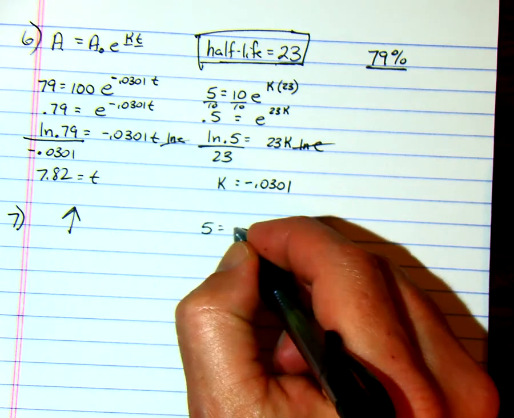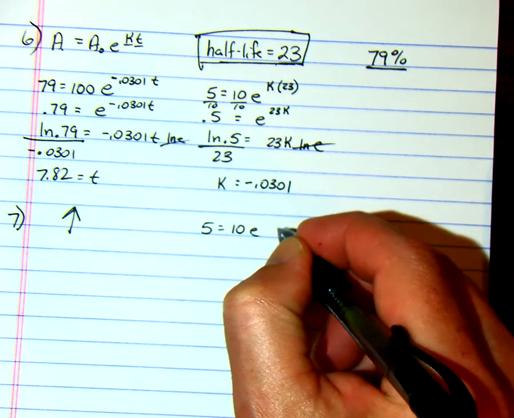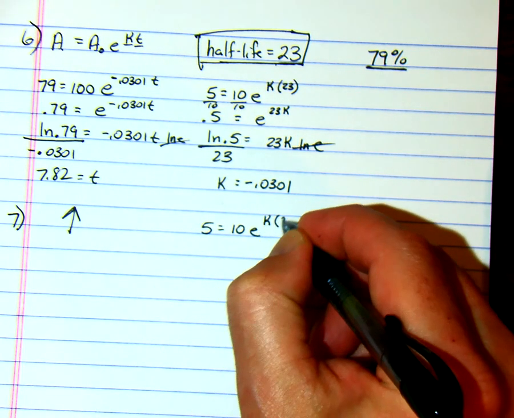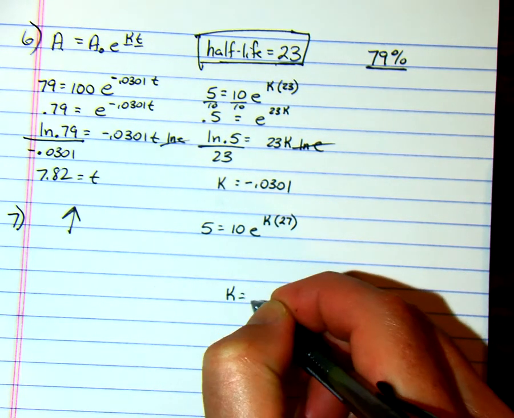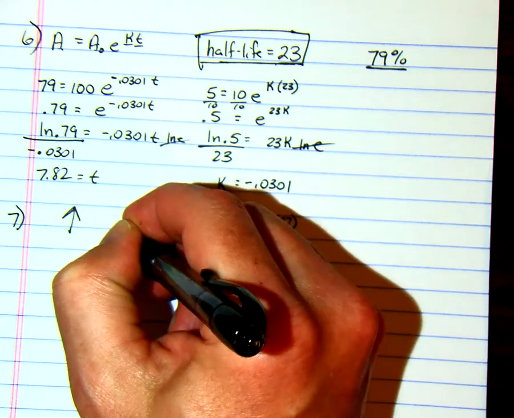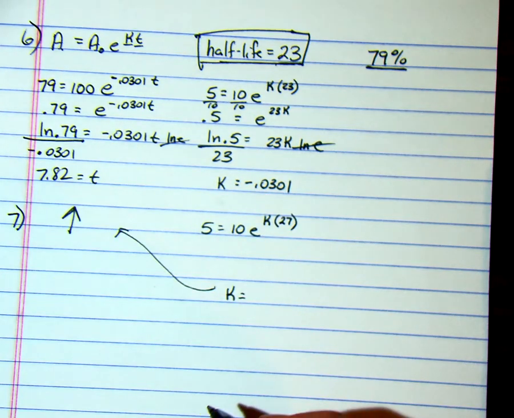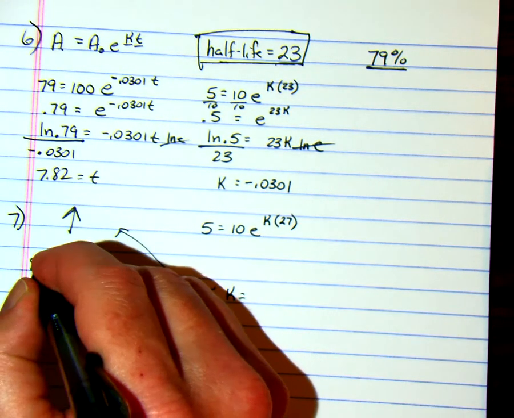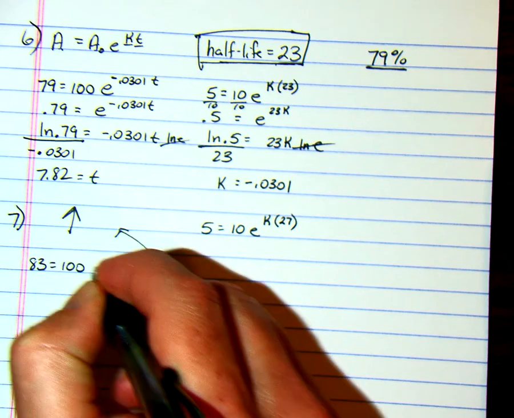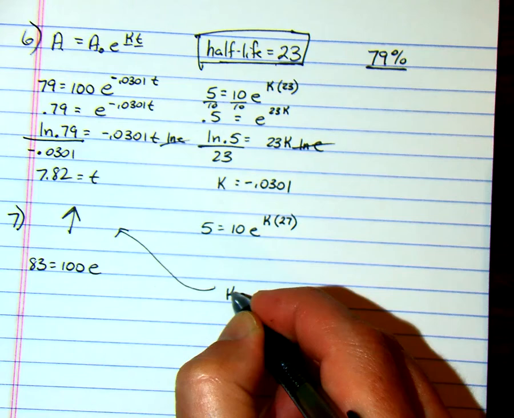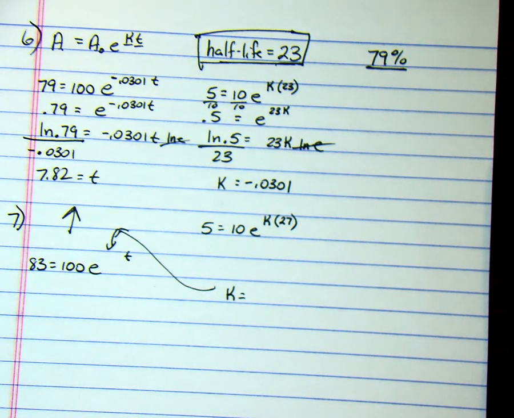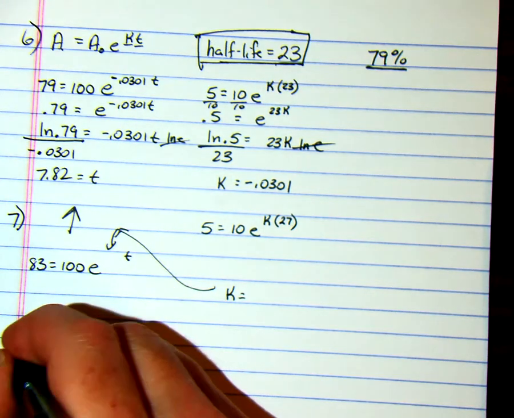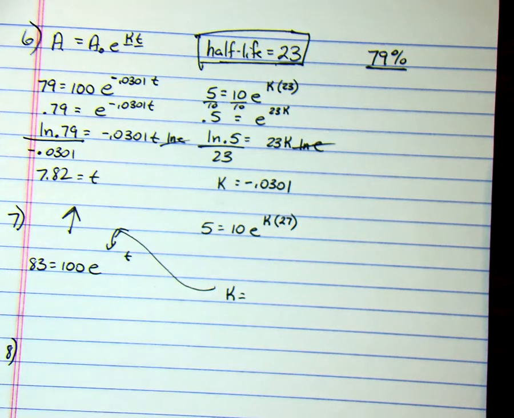So again, we start out with some half relationship, and I'm going to use this to figure out what k is. Then once I figure out what k is, we know that 83% of the dosage remains. So we're going to set up something with 83%, take this k value, drop it in there, and then take it times t. So number 7 is exactly the same problem as number 6, so I'm not going to do it.